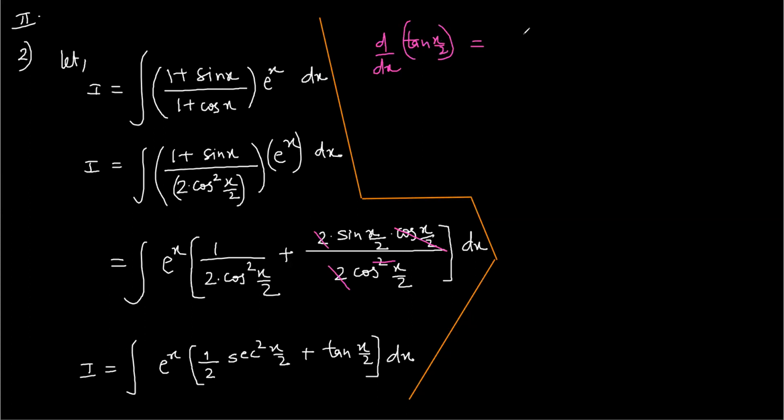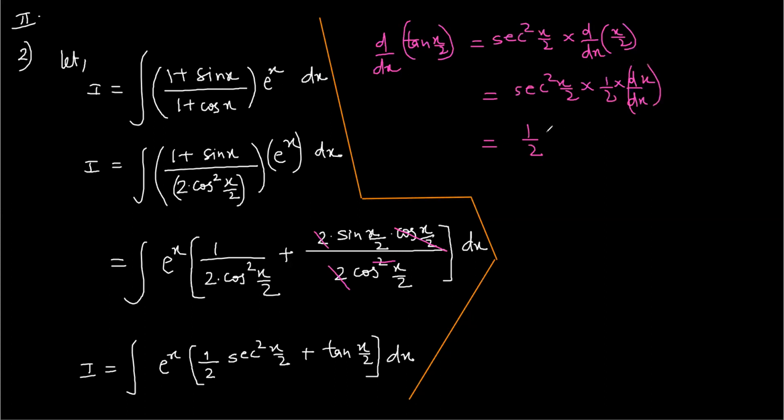So this is sec square x by 2 into d by dx of x by 2. 1 upon 2 is constant, and d by dx of x is 1. So finally you have 1 upon 2 sec square x by 2.